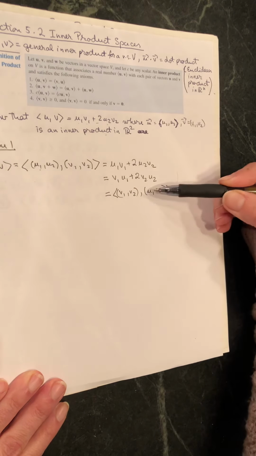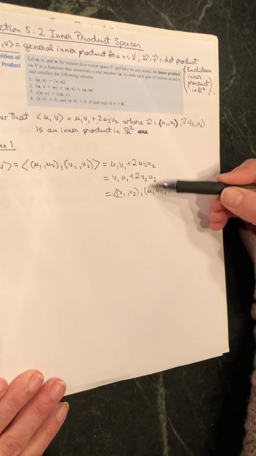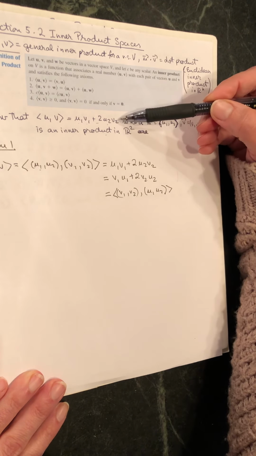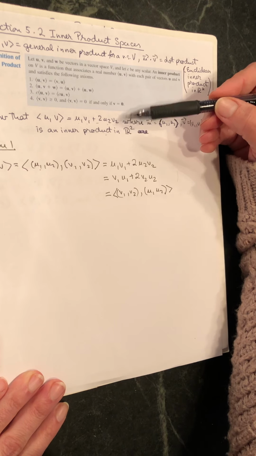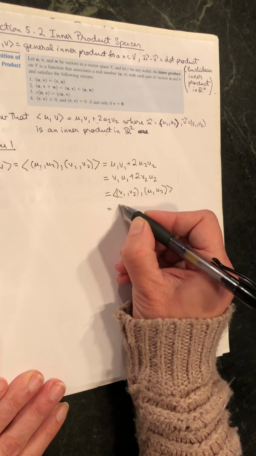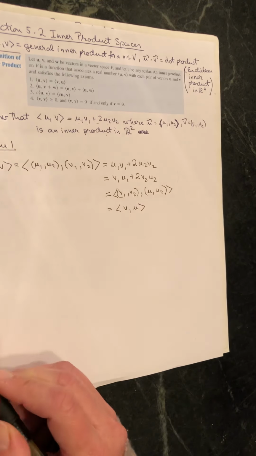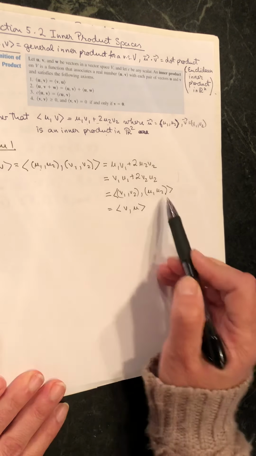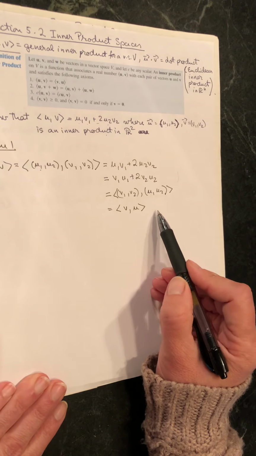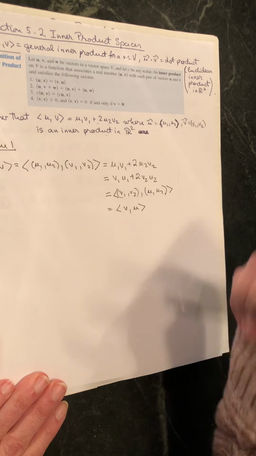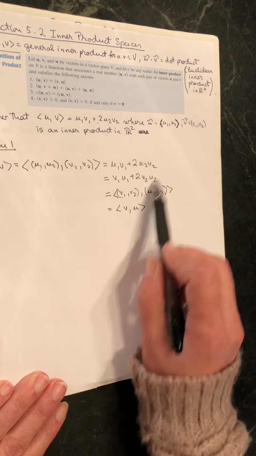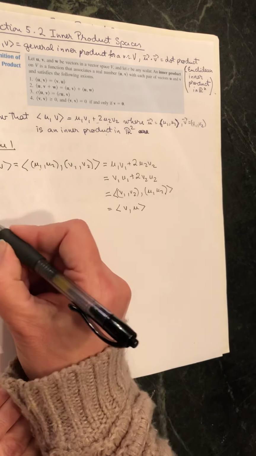Going from here to here is exactly applying the definition of your inner product. So you really showed that this is the same as the product of v and u in general. To prove axiom 1 for all vectors in R2, we cannot plug numbers in. You have to use a general vector like this.